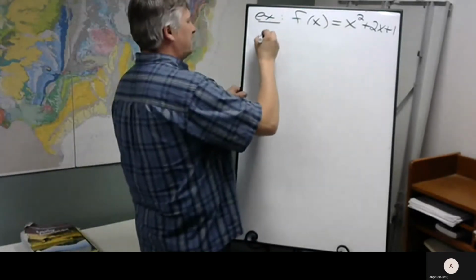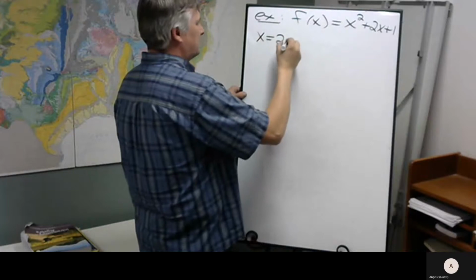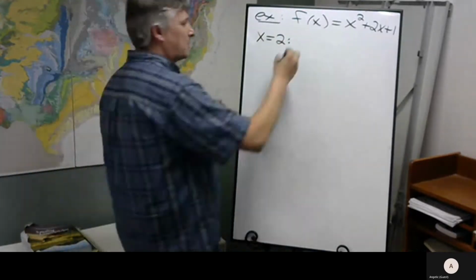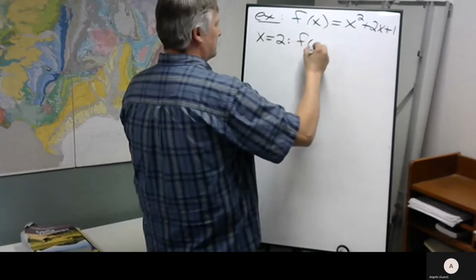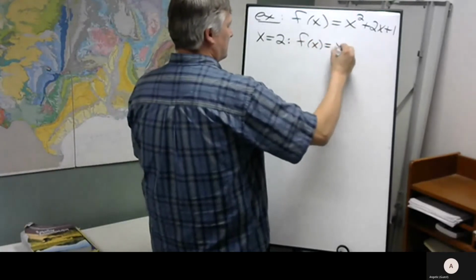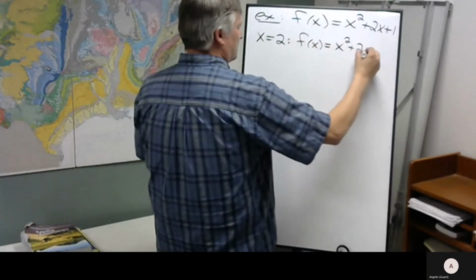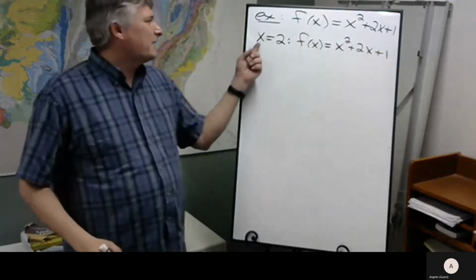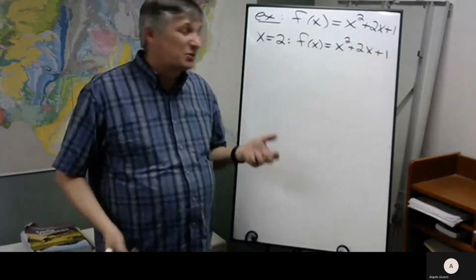When we have, say, x equals 2, we'll start with f of x. But instead of writing, actually, we don't have to write this. There's a shortcut.